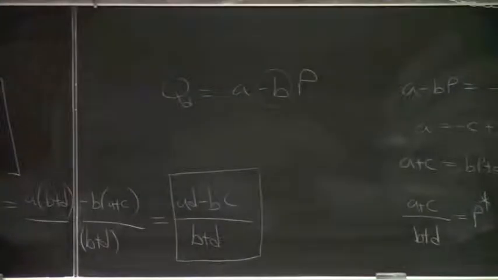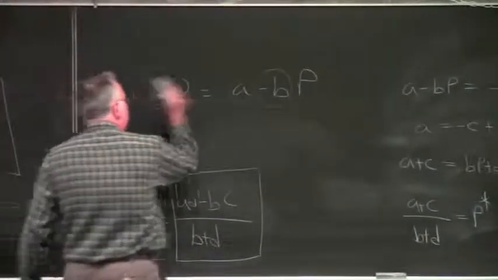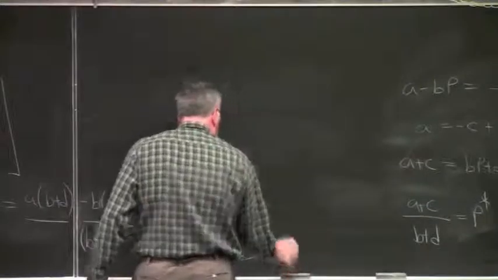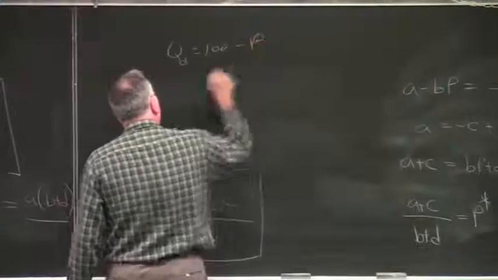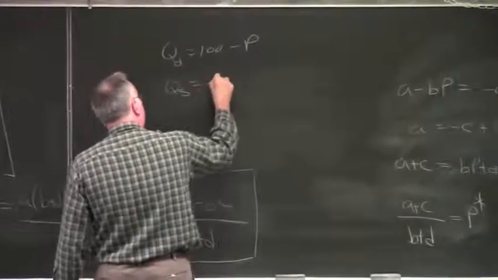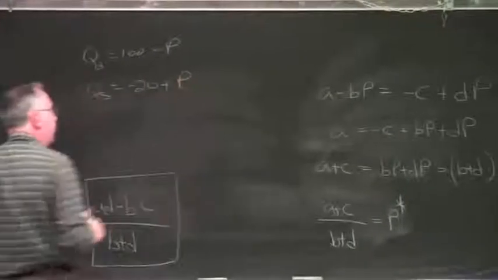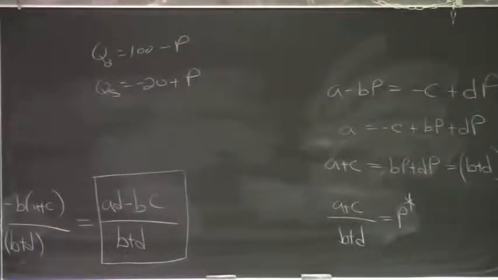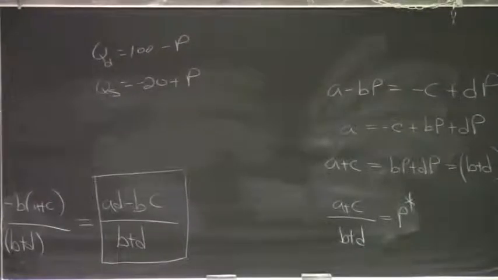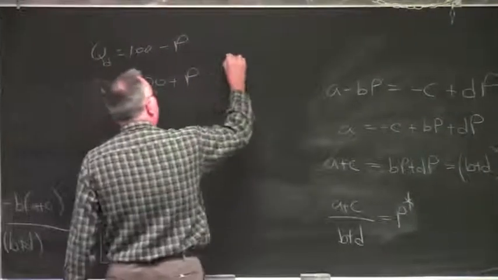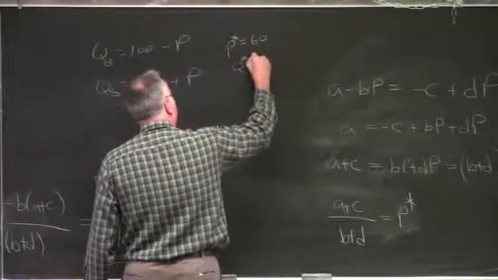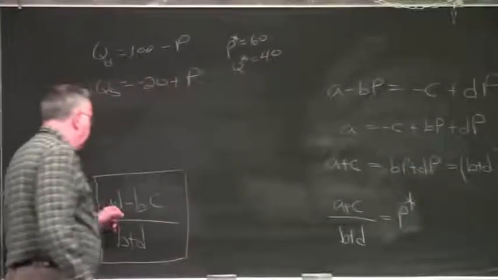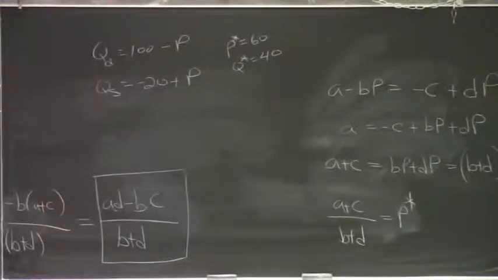Now let's check this answer out. When we went through the problem yesterday, we had this problem, which we solved directly. And you recall when we solved this directly, what we got for our solution on Monday is P star equals 60, Q star equals 40. Let's check to make sure this formula works for this case.